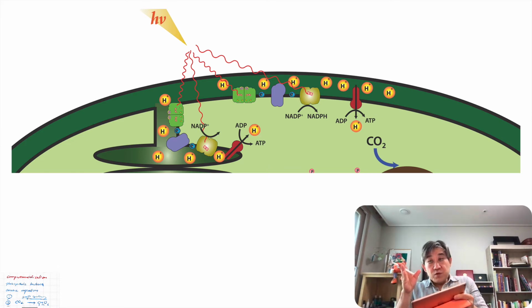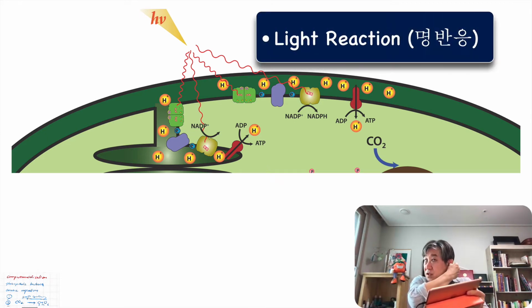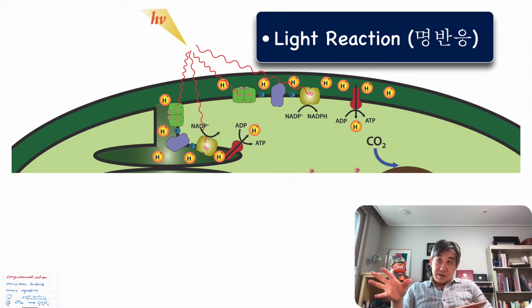So if you zoom in on the first stage of photosynthesis, it has a specific name, the light reaction, because that is the only reaction of photosynthesis absolutely requiring light energy.